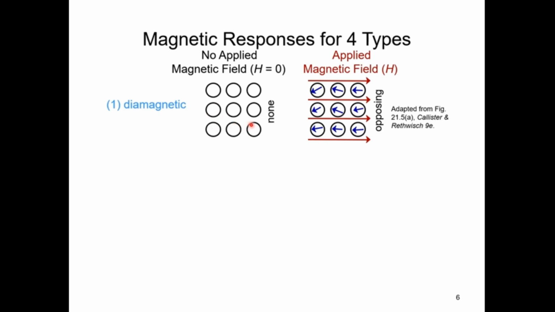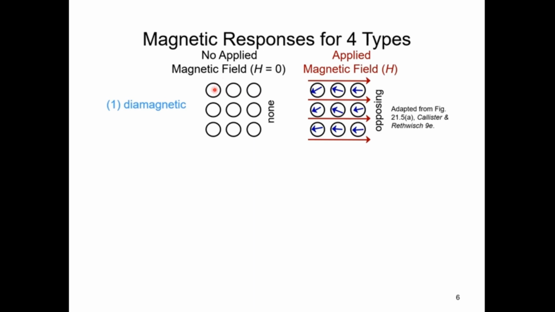In the absence of applied magnetic field, or H equal to 0, there is no dipole. But in the presence of a magnetic field, H value, these atomic dipoles are induced.